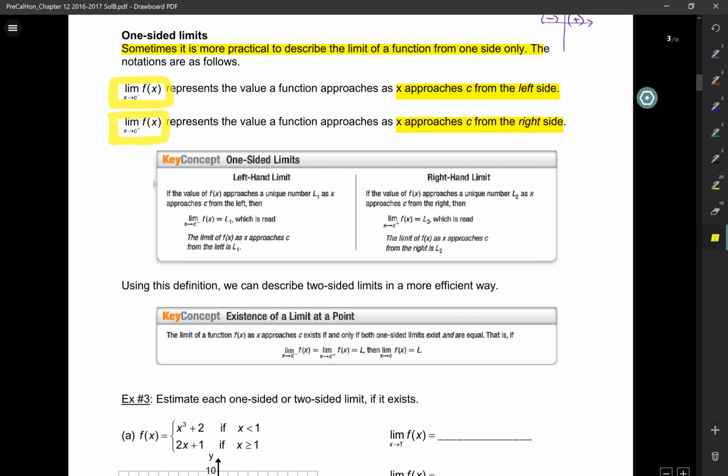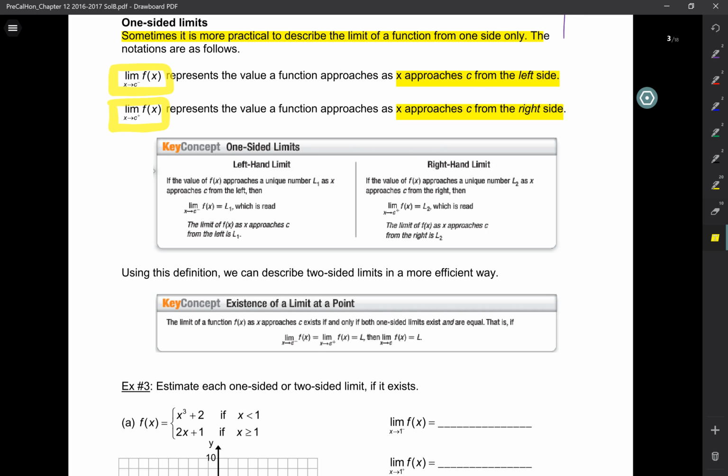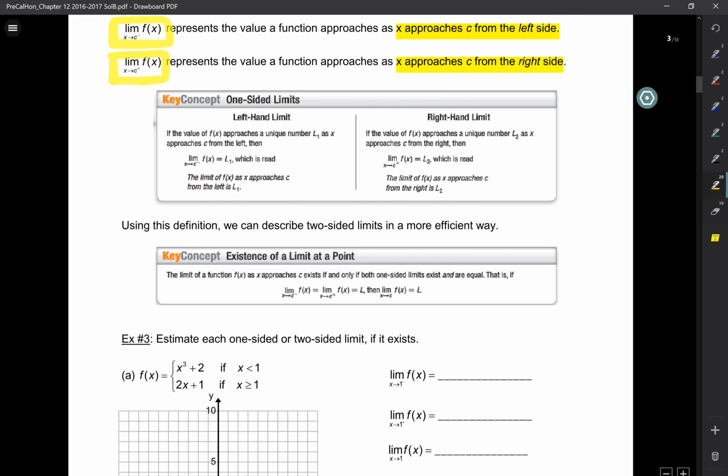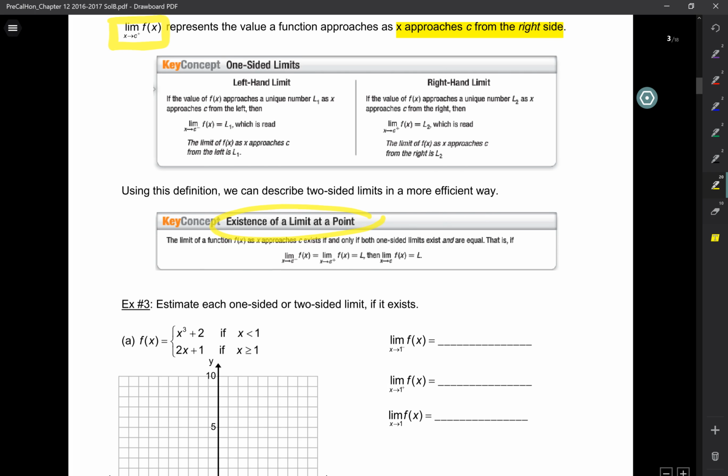So what is the general limit then? If the limit from the left side, let's say the limit from the left side is 5. And let's say the limit from the right side is 5. Then what's the general limit? 5. Okay? So this box at the bottom, the existence of a limit at a point, just says that.